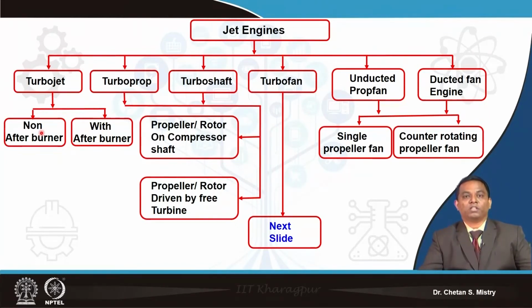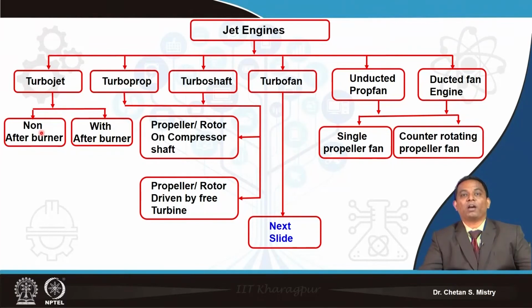These engines for aero application are used for two different purposes: one for commercial airlines, the second for military applications. In military applications, we look for higher thrust in order to do different kinds of maneuvers, and that requires the afterburner to be incorporated.